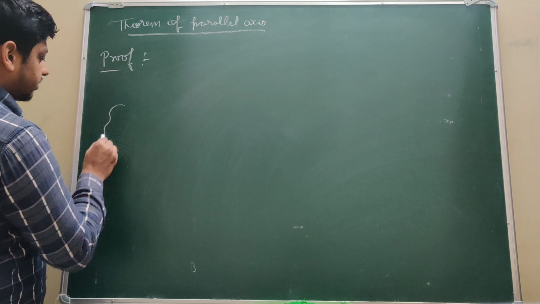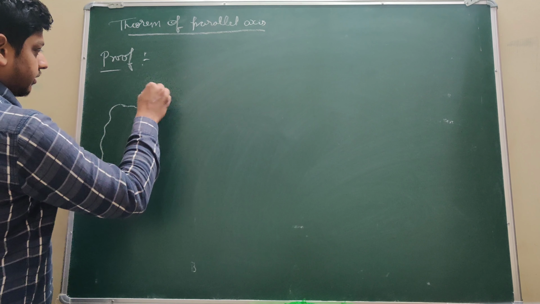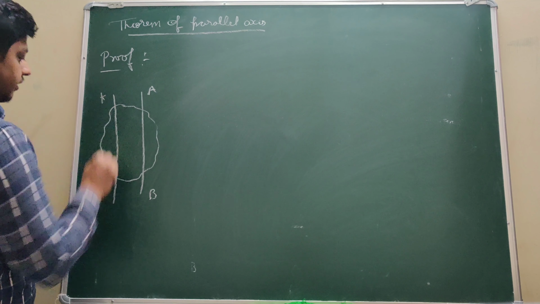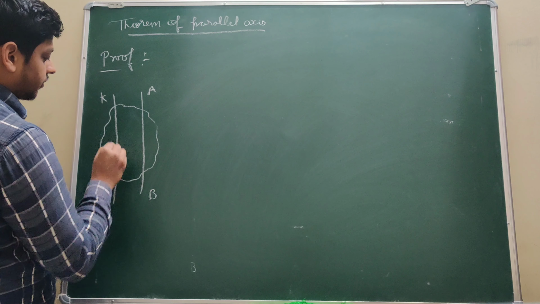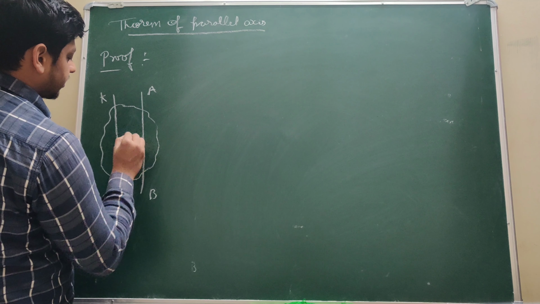Again take this body, and AB is an axis and KL is an axis which passes through the center of mass, and h is the distance between them.